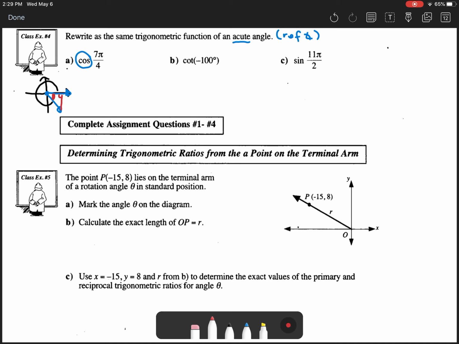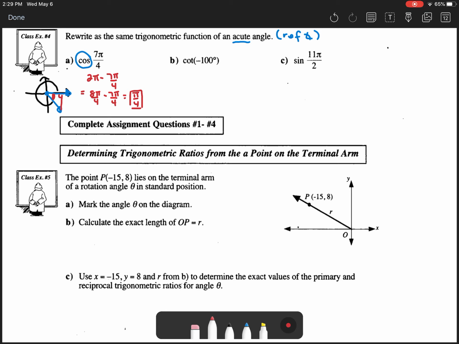So how do I do that in quadrant 4? Well, remember, you're going to go 2 pi minus the rotation angle of 7 pi over 4. So that's going to be 8 pi over 4. That's what 2 pi becomes, minus 7 pi over 4, which is going to give you a value of pi over 4, which is 45 degrees. So that's your reference angle.